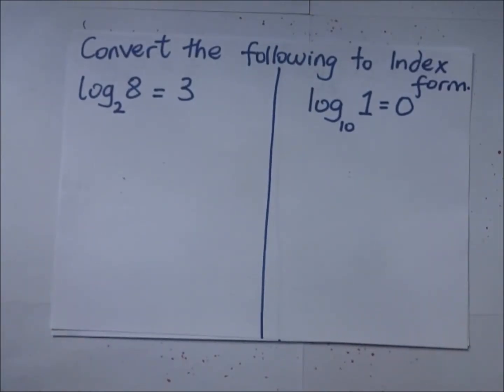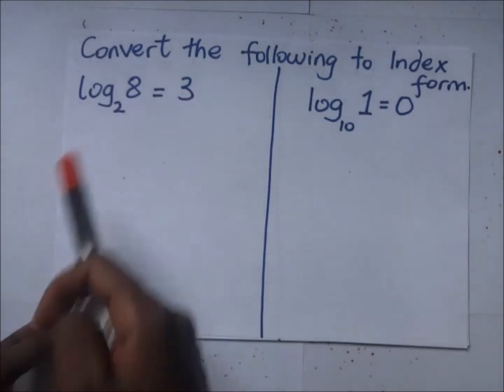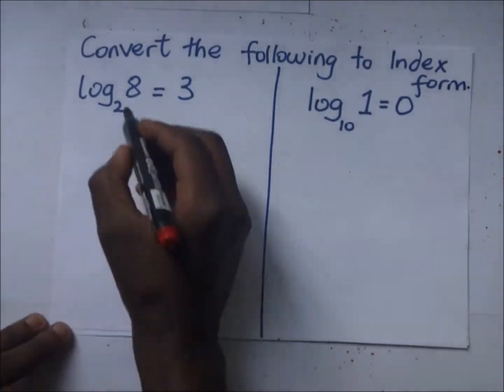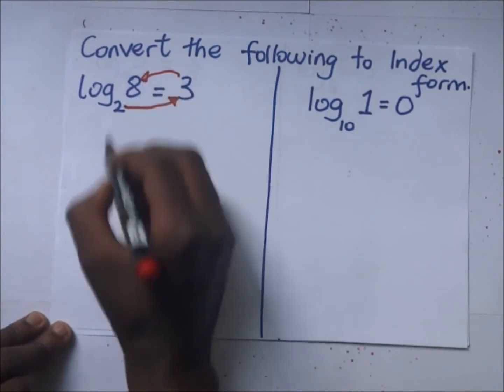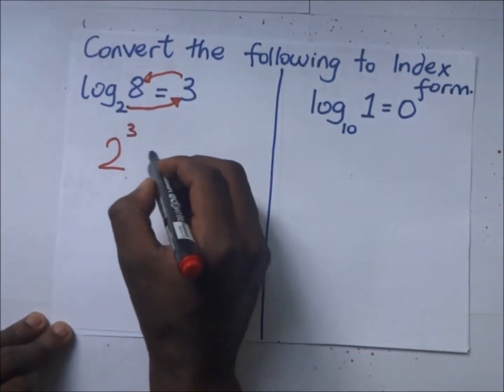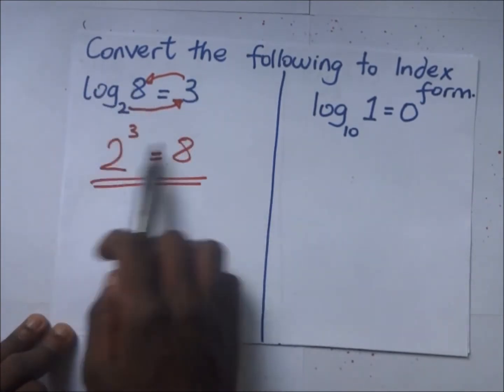In the same breath, we are going to convert these numbers to index form. They're telling us that the log of 8 base 2 is equal to 3. Converting that is still going to be, we shall say, 2 to the power 3 gives us 8. As simple as that. Now we've converted this logarithm to index form.